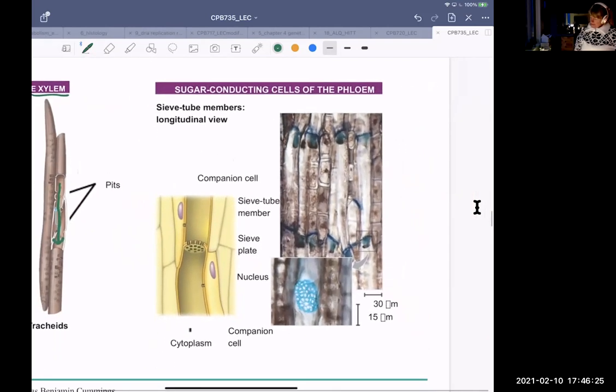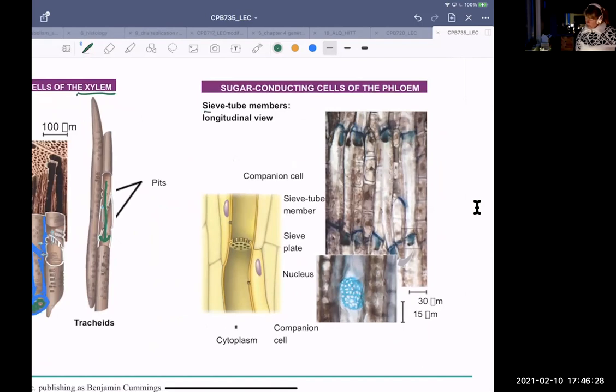The cells of the phloem are known as sieve tube members and companion cells. So this is a sieve tube member here, also perforated. So fluid can flow freely from one cell to another. But these cells here are dead at maturity, but these ones are not.